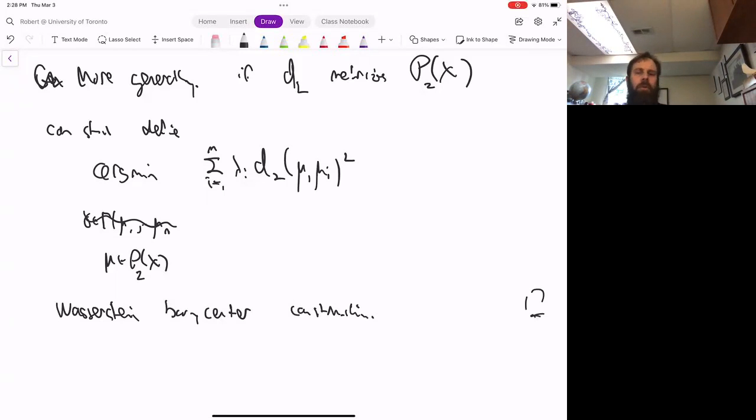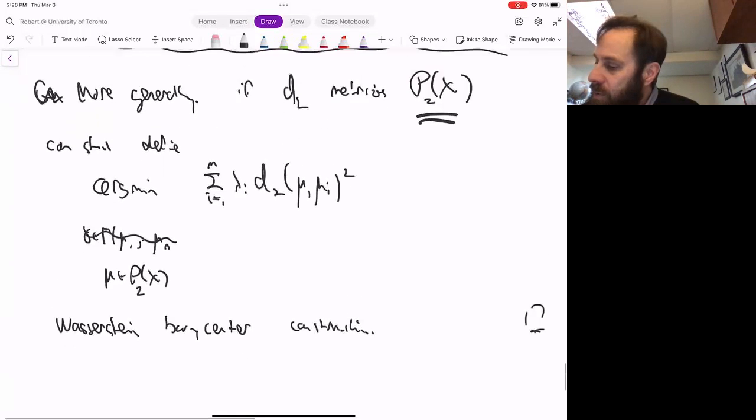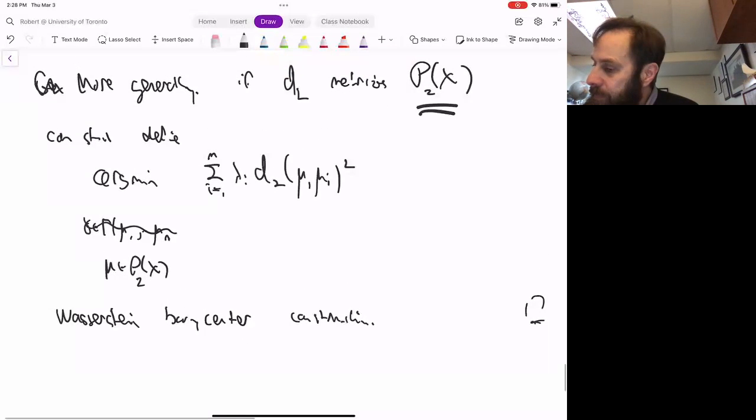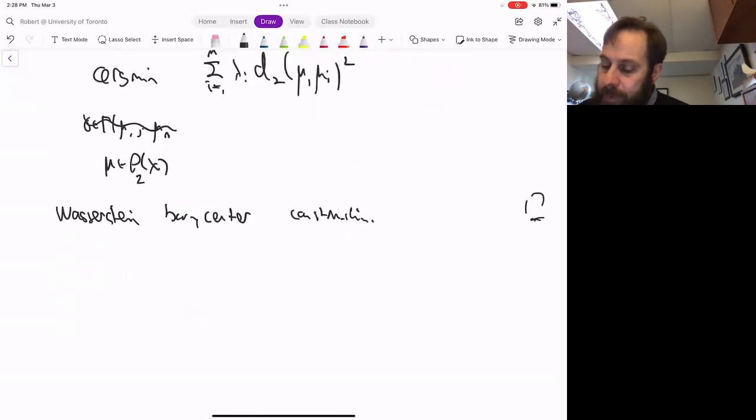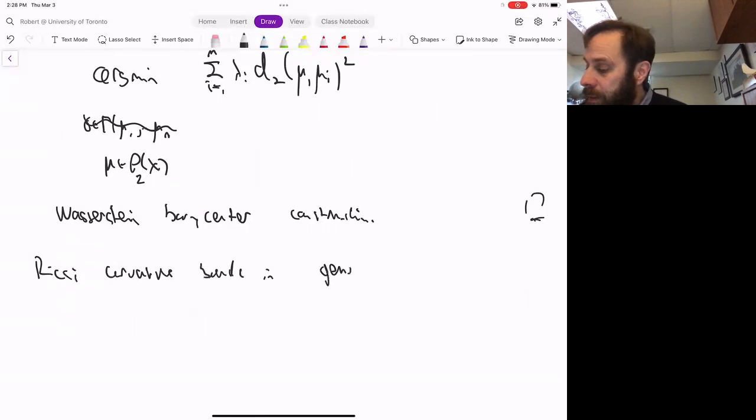Okay, so I think that's probably about what I wanted to say about Wasserstein barycenters. So now I want to turn to these more general metric spaces. So I want to move now towards Ricci curvature bounds in general Polish geodesic spaces.